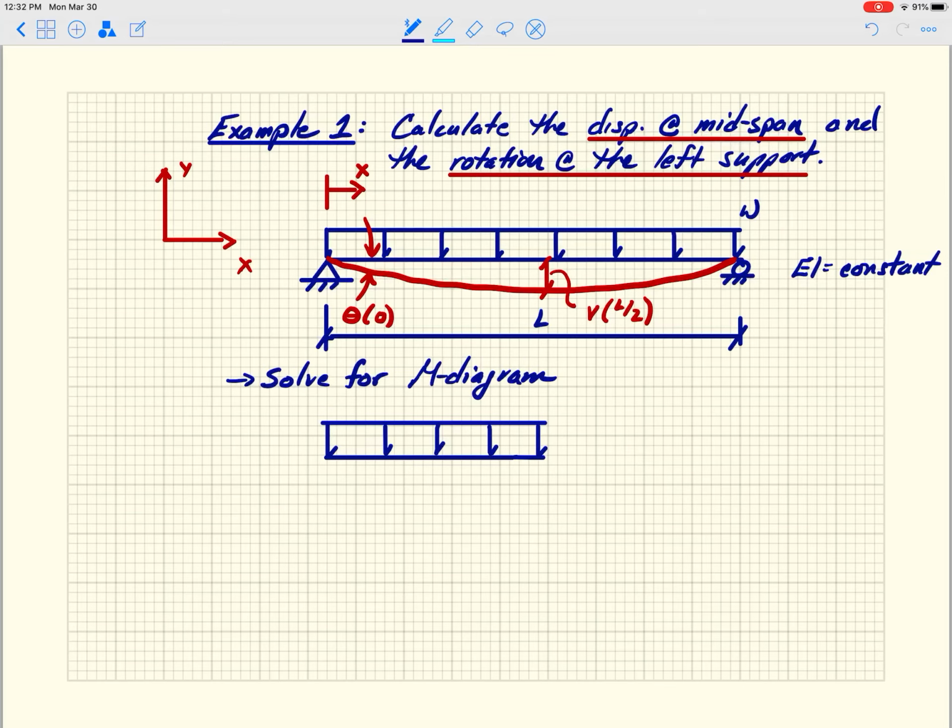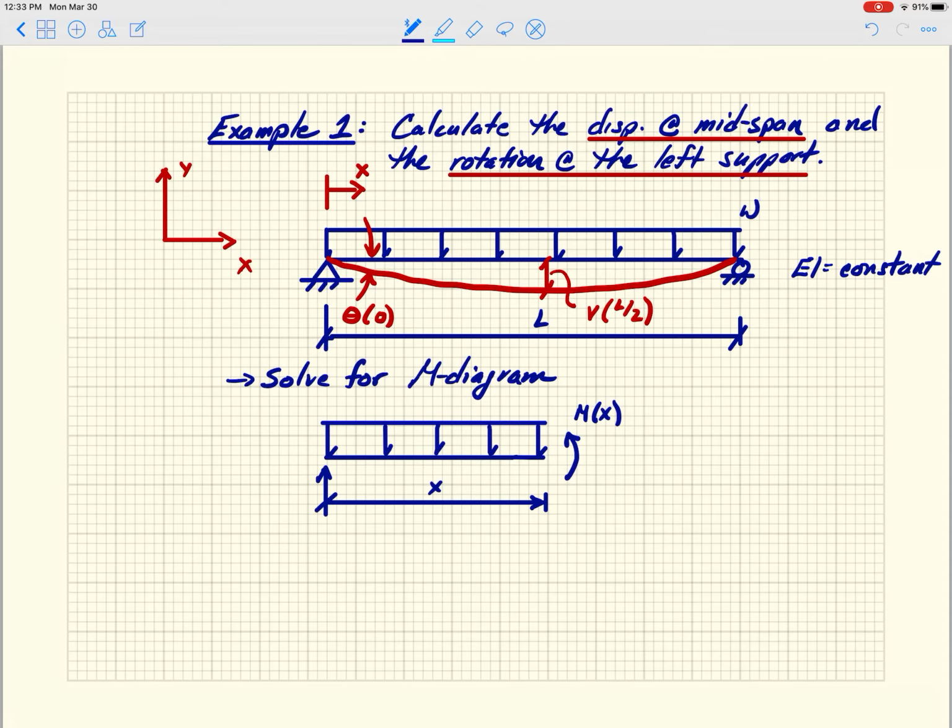I am going to show my reactions here, and I am taking x from left to right here, and the moment I'm applying here is m of x.